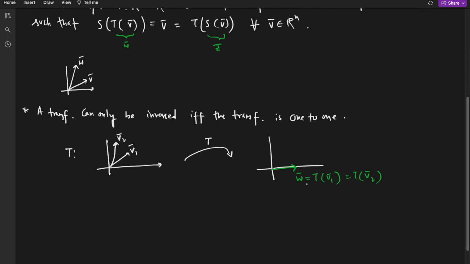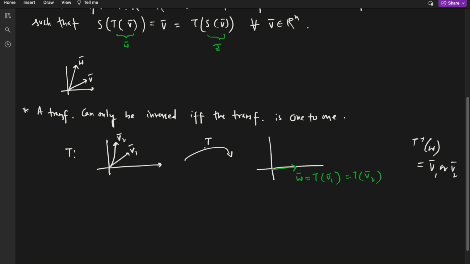Now you won't be able to go back, right? Because let us suppose now I give you W. If there exists an inverse of such a transformation T, let us call it T inverse, and I apply T inverse to W, now tell me whether you will get V1 or you will get V2. You don't know, right?